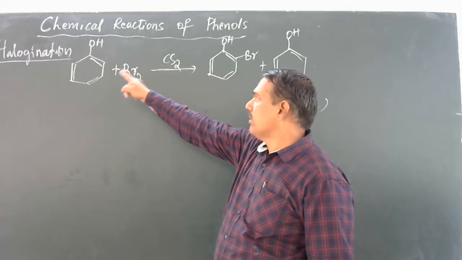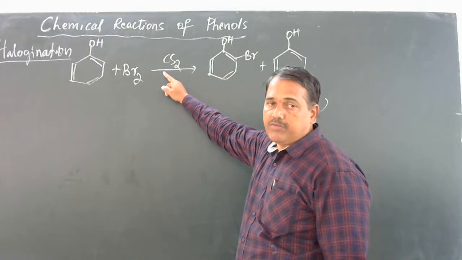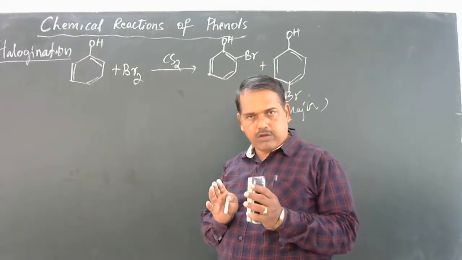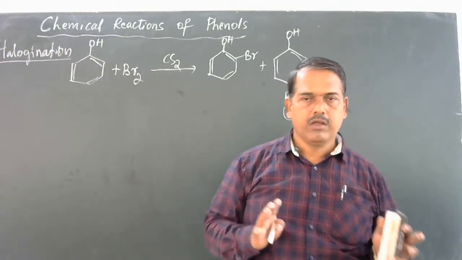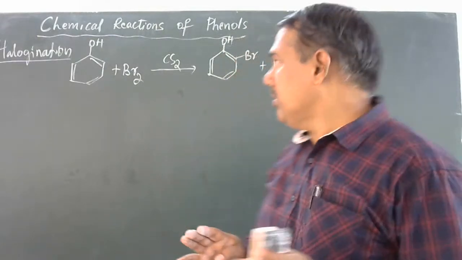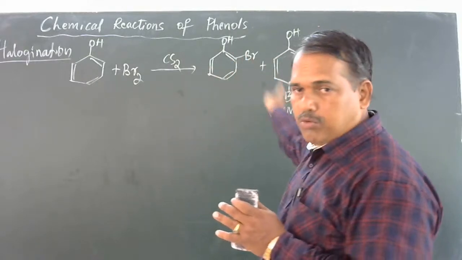See, halogenation takes place in phenol, and with a solvent like carbon disulfide, it doesn't require a halogen carrier. If you compare halogenation of phenol and benzene: when phenol is treated with bromine, we will get ortho and parabromophenol.